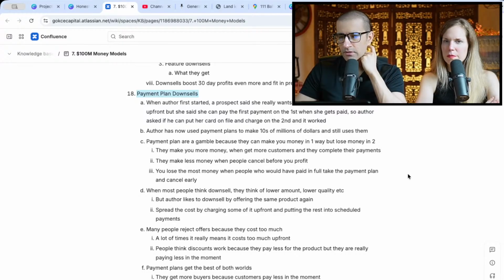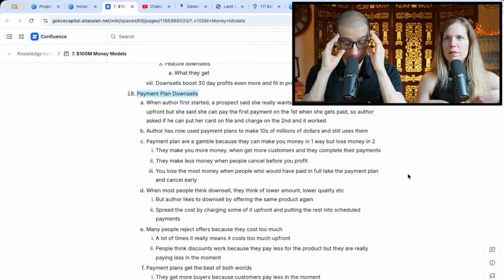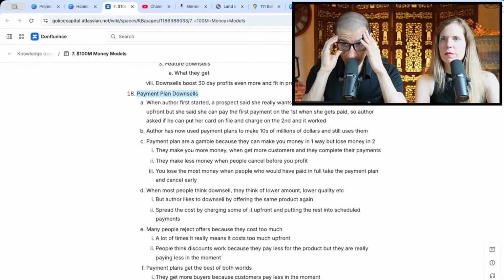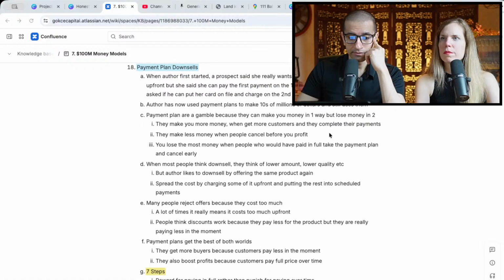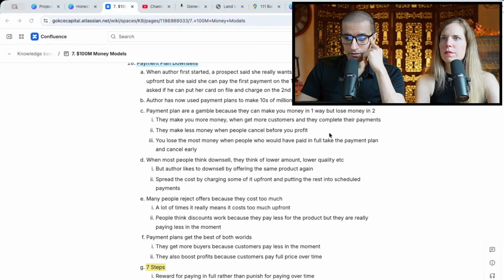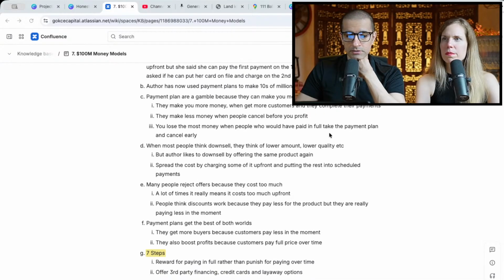So those were all the steps. You want to go through all the individual steps now so we can see if we missed anything? Okay. Yeah, so when they get paid, we implemented that. Payment plans.